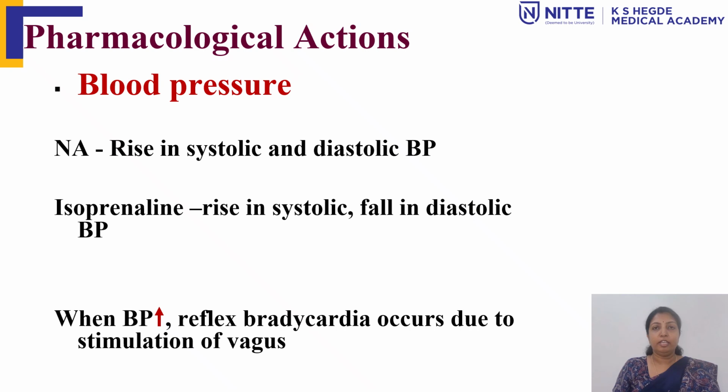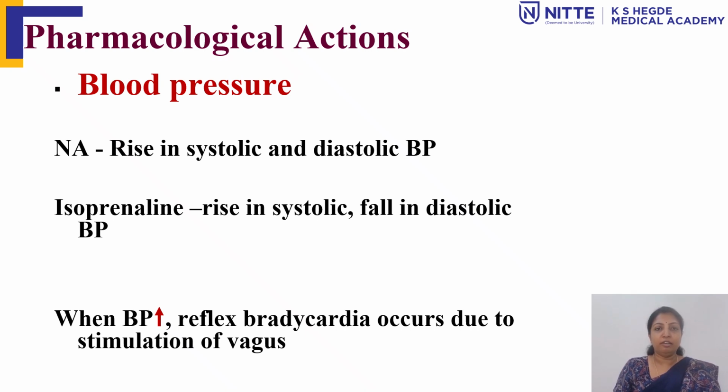To see the effect of sympathomimetics on the blood pressure, noradrenaline or norepinephrine can produce rise in systolic and diastolic BP. If you remember, it acts on the alpha receptors and beta 1 receptor without much action on the beta 2 receptors. So there is rise in systolic and diastolic BP.